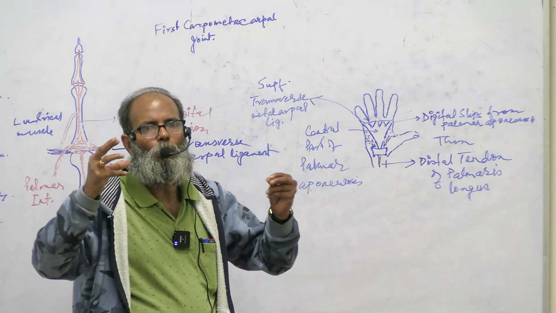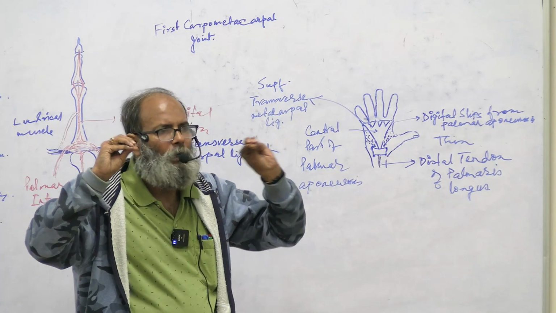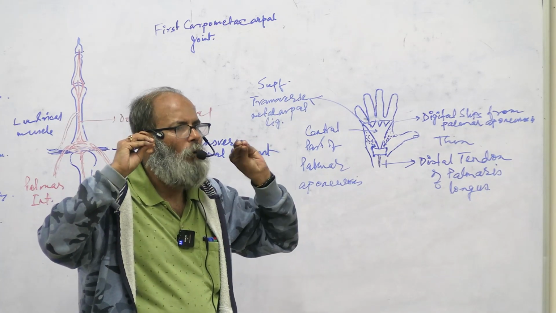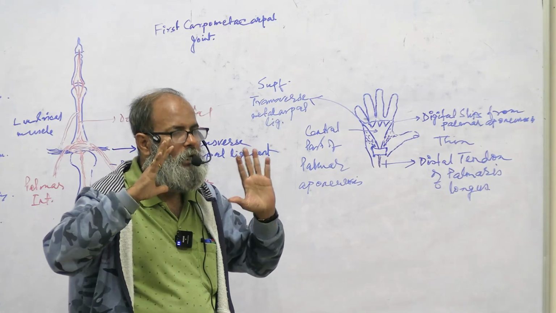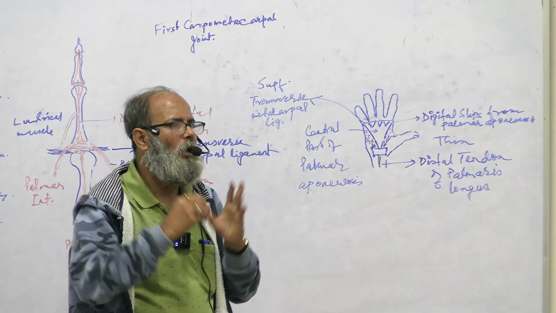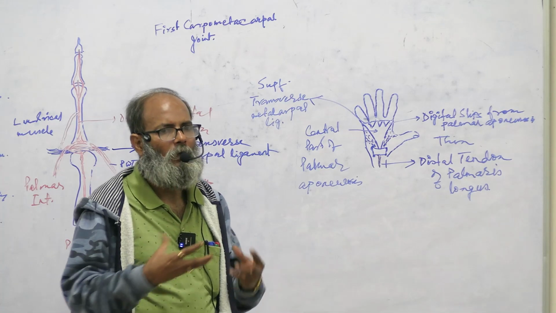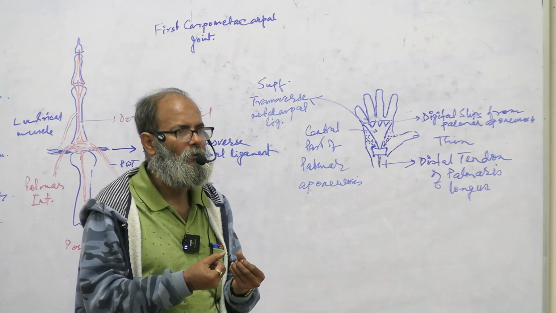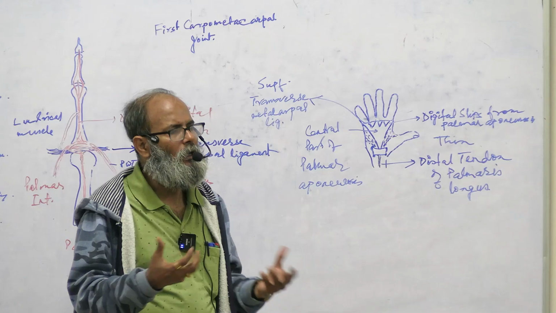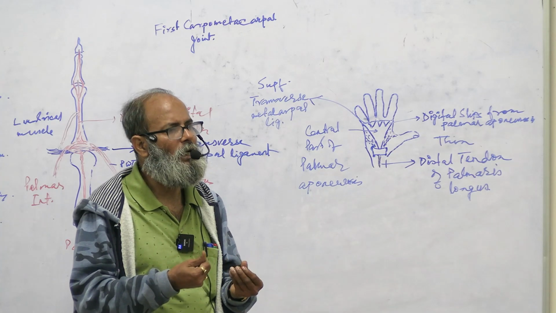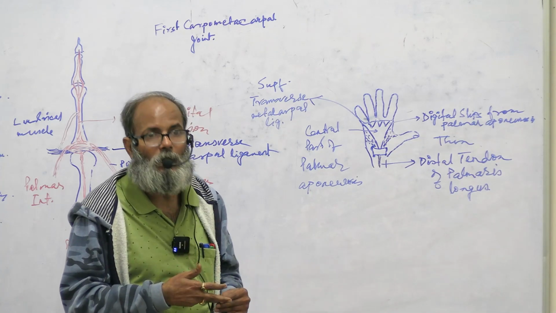So we can do all sorts of precision work through our hand, and due to this, even a property is endowed with our hand. What is that? If you close your hand and hold some known or unknown object, you can diagnose what kind of object it is. This is called stereognosis.